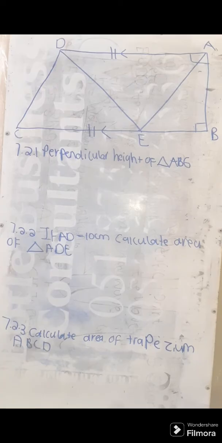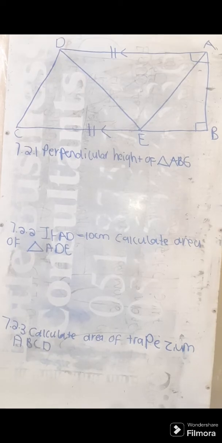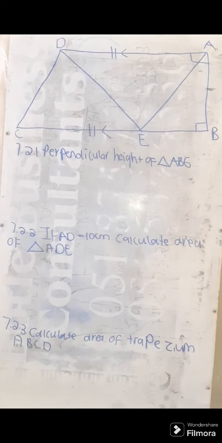So 7.2.1, we have to calculate the perpendicular height of triangle ABE. And then 7.2.2, if AD equals 10 centimeters, calculate the area of triangle ADE. And then we'll calculate the area of the trapezium ABCD. So let's do question 1.